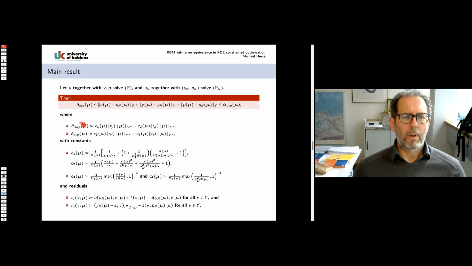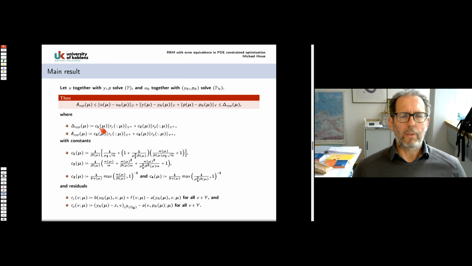So in this upper bound, the residual with respect to the state equation in the dual norm pops up, as you expect, as well as the residual in the adjoint equation. And the same for the lower bound.